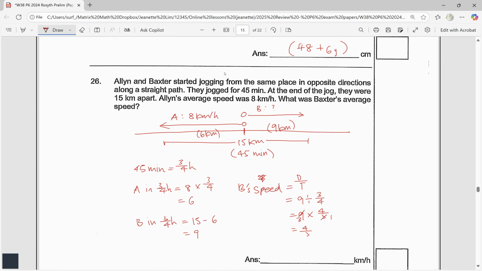Distance divide by time. After I cancel, this is a 3. So 3 times 4 is 12. 12/1 is just 12. So answer 12 km per hour.